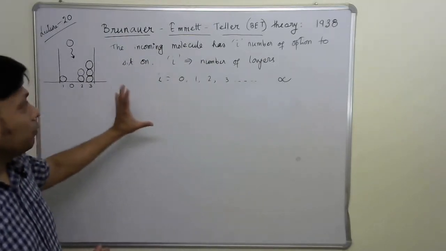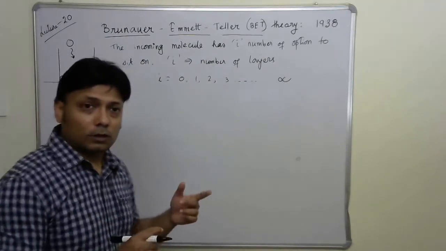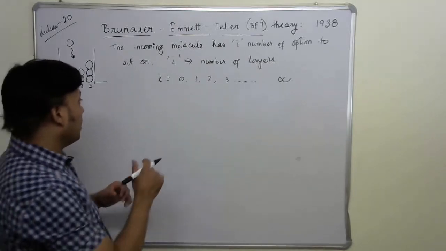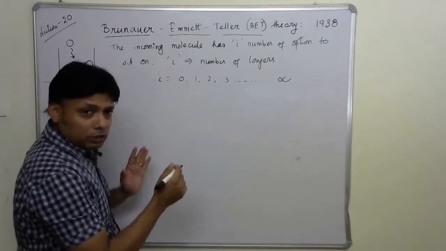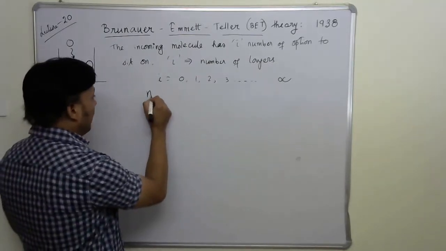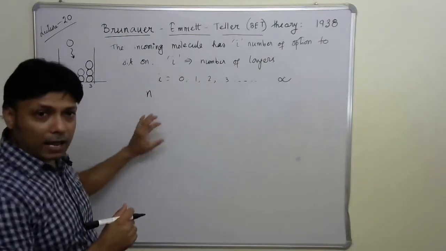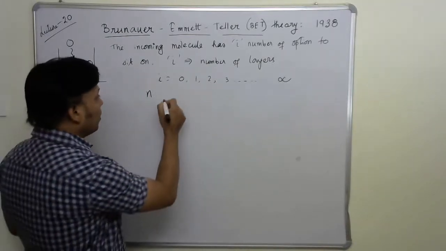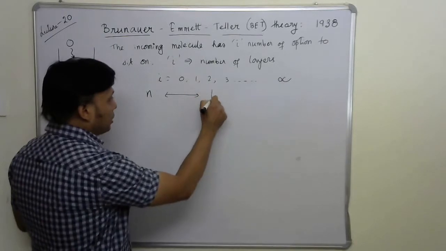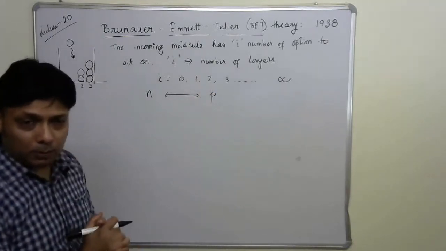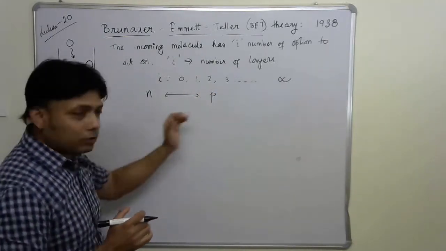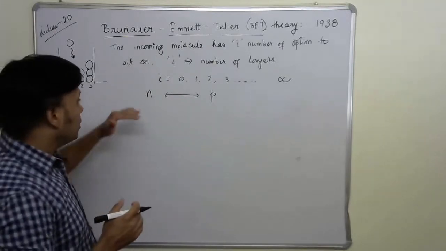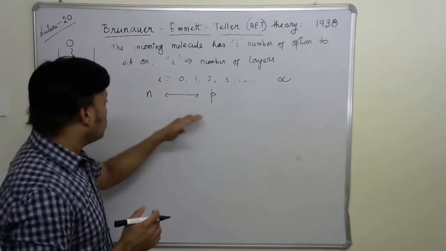The purpose of BET theory, like Langmuir's theory, is to establish a relationship between N, the number of gas molecules adsorbed, and the pressure of the gas molecules being adsorbed. So this is the N versus P relationship. How to connect N and P?